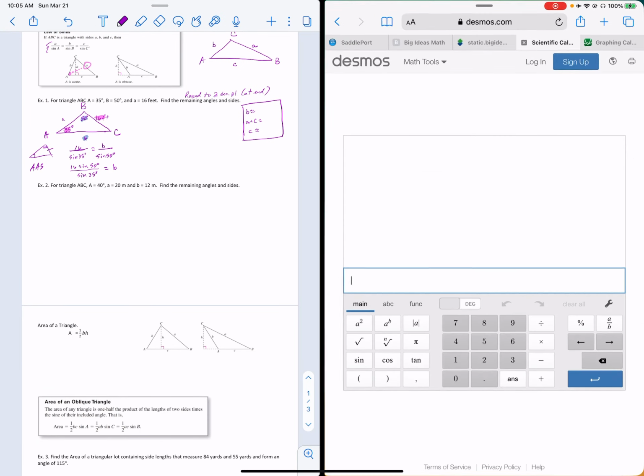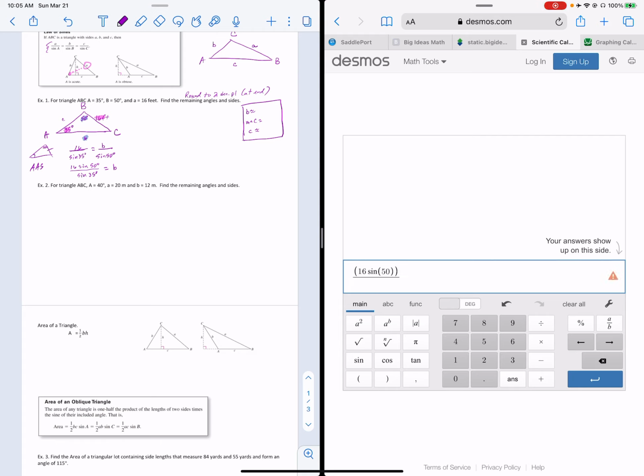If I tap on that, that would be radians, I need to make sure I'm in degrees. And then I want that 16 sine 50, and that's going to be divided by sine 35.